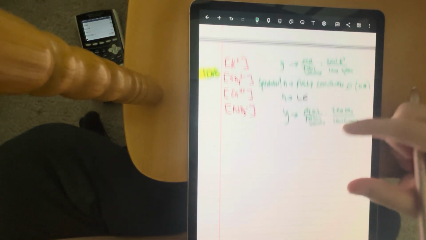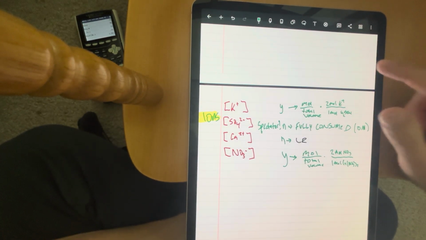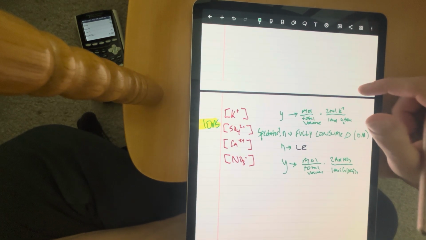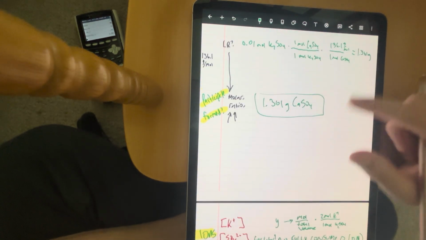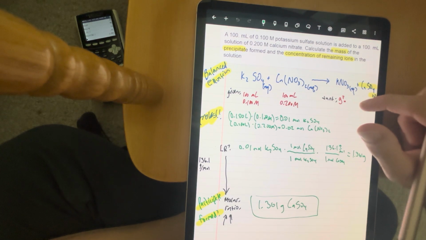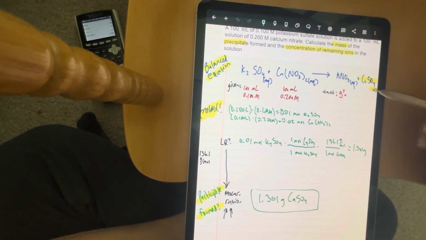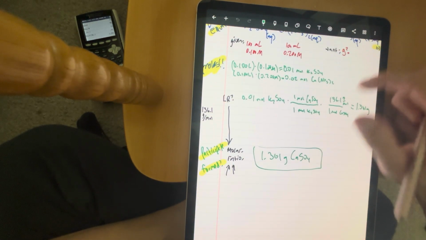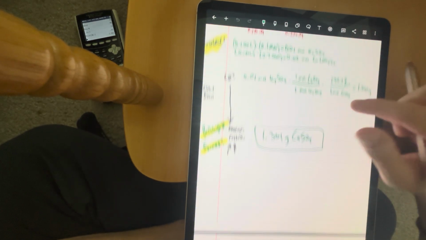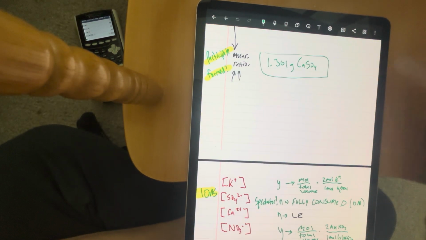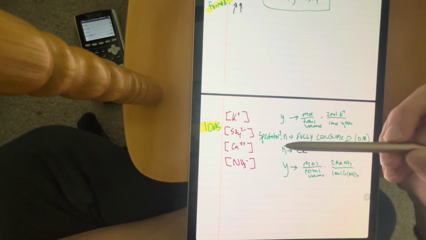Okay, so we have K plus. How do we know? This one's a spectator ion, because it's not involved in the reaction. He's kind of just gone. Same thing with the NO3. So yes to the question, spectator.